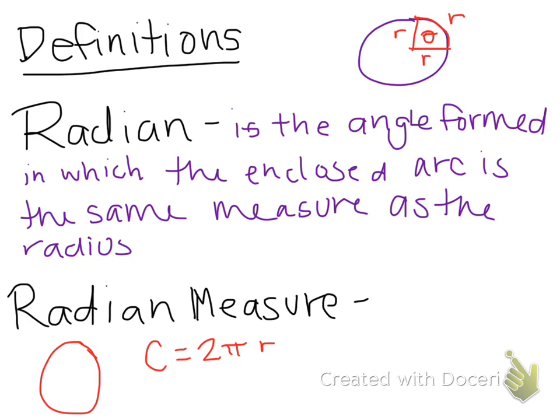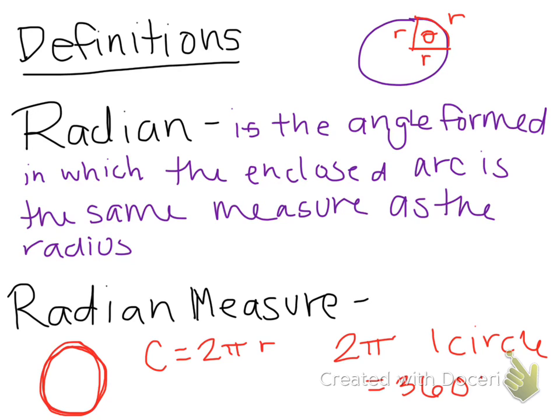So if I go the whole distance around the circle and I take out that radius, this 2 pi is how many radians are in one circle. So we can determine that 2 pi is equal to 360 degrees.